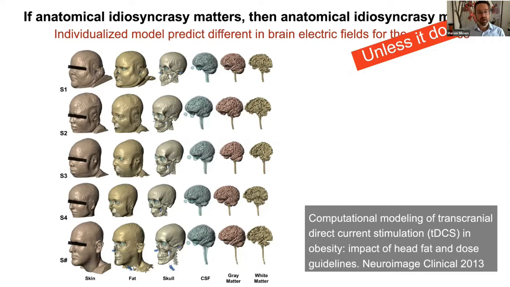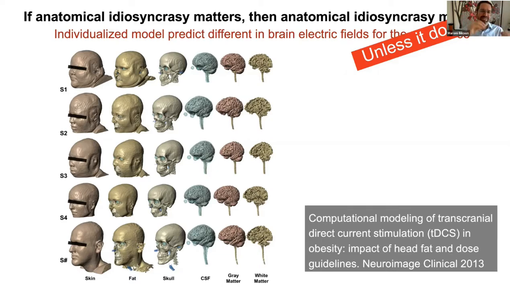And you can see here scans of subjects ranging from borderline anorexic all the way to very obese. And you can see by eye the variance in the fat content, which is sitting outside the skull. Skulls are the same in this case. The fat is different. And so we asked, well, fat is a resistor.